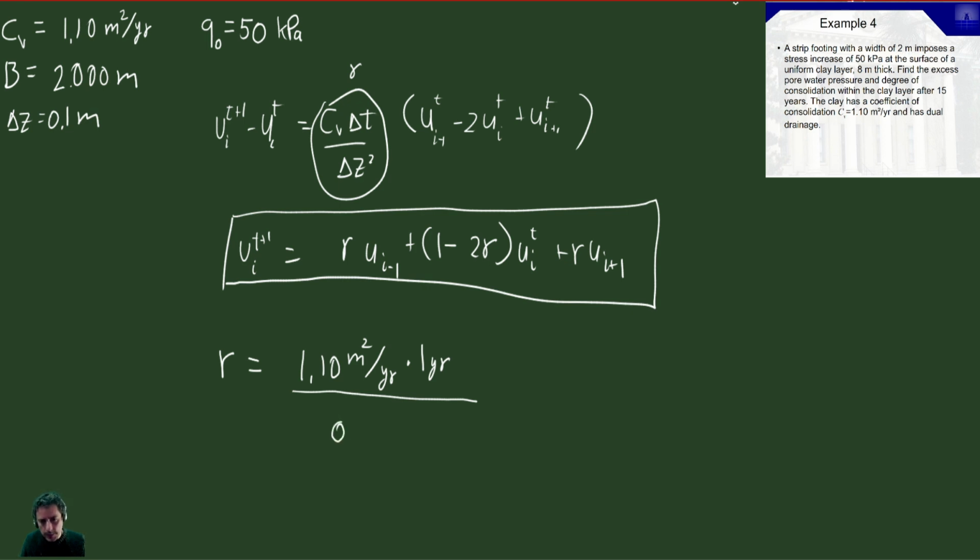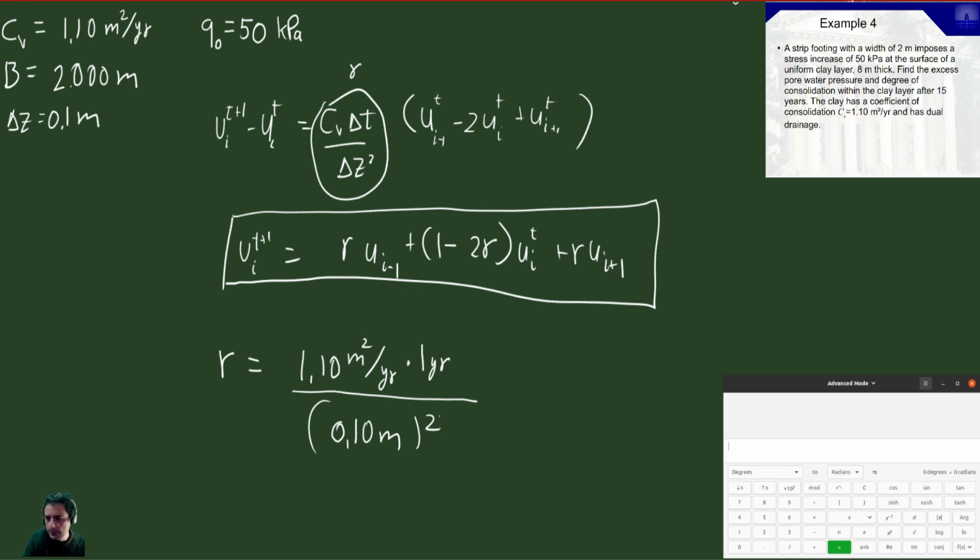And we know that delta z is 0.1 meters. So we make that squared, and that gives us 1.10 times 1 divided by 0.1 squared. So 110. Would you say that that's too big or right size?